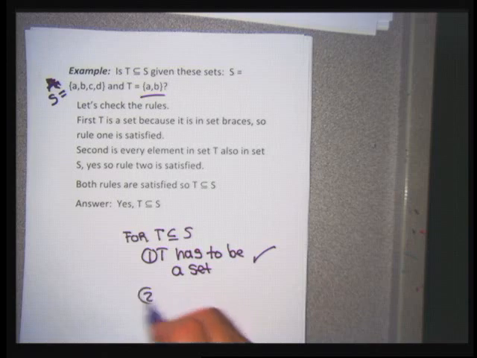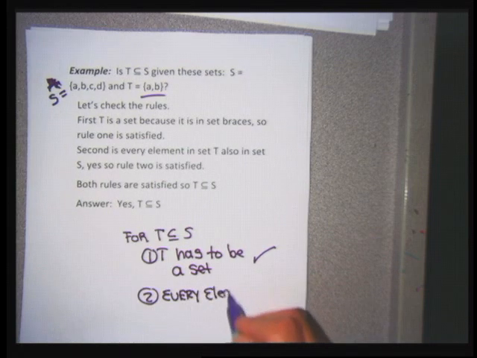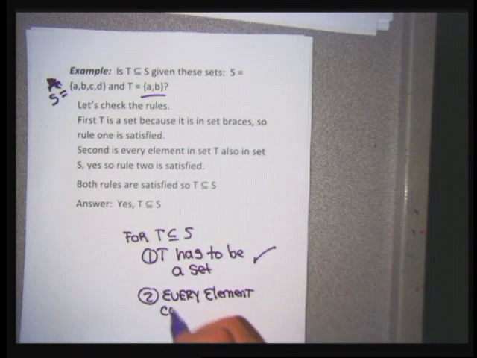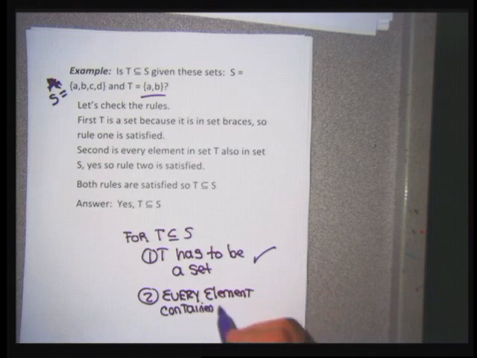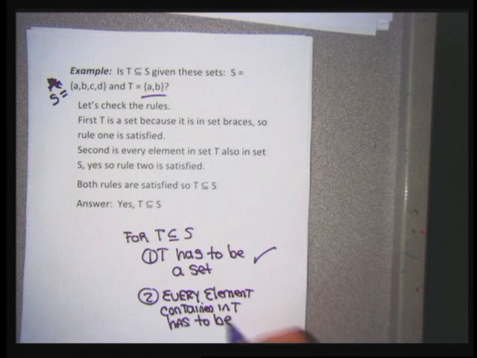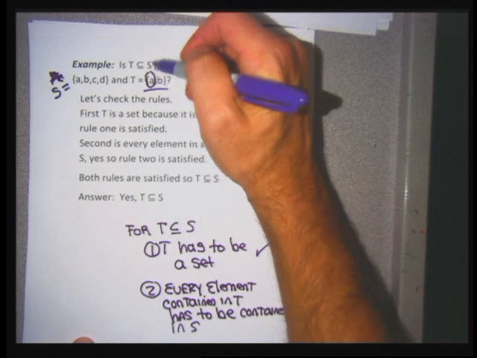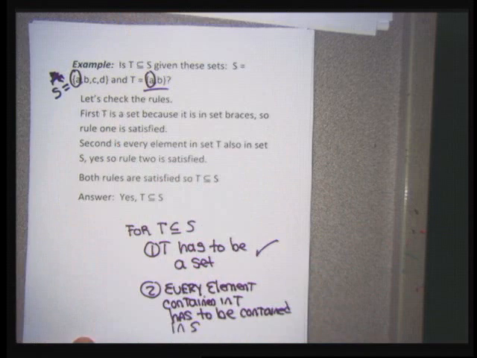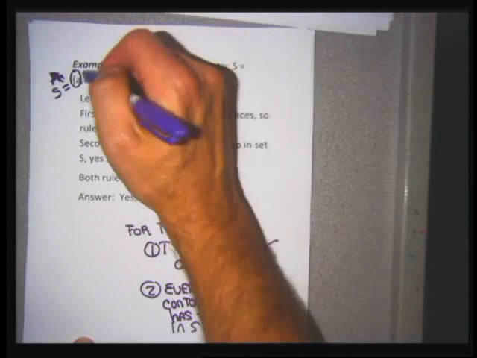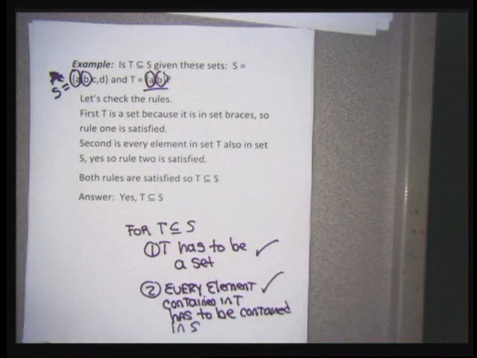The second rule that needs to be satisfied is every element that's in T also needs to be in S. And if I look at the elements of T, the first element of T is A. It's contained in set S. The second element of T is B. It's contained in set S. So every element contained in T is also contained in set S. So the second rule is satisfied.